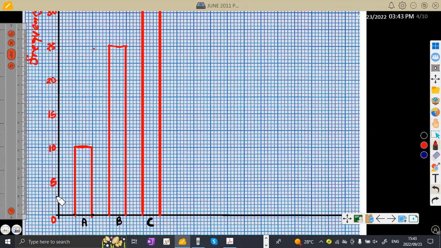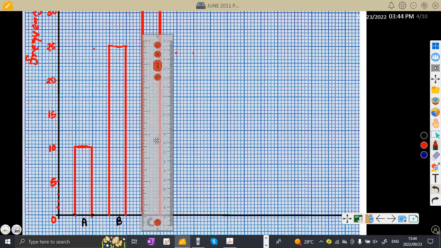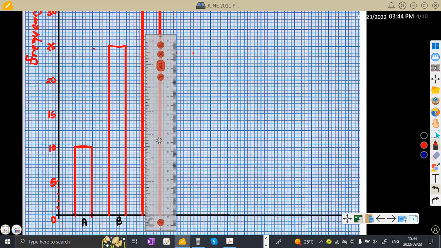So it means 2 boxes represent 1. Whenever we see 2 boxes, is 1, 2, 3, 4, 5. That is what it means. So which means 24 is just 2 boxes below 25, because these are 25. So 2 boxes here, it will be 24. So this is where we are going to join, back to the ground.